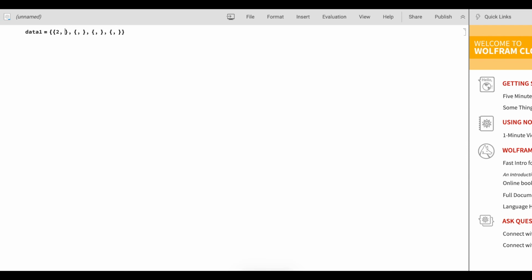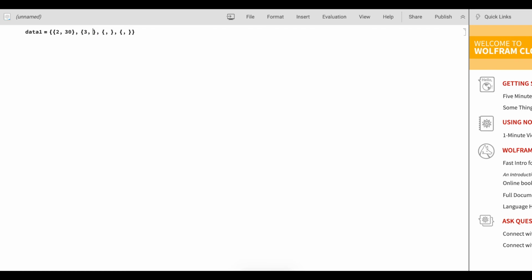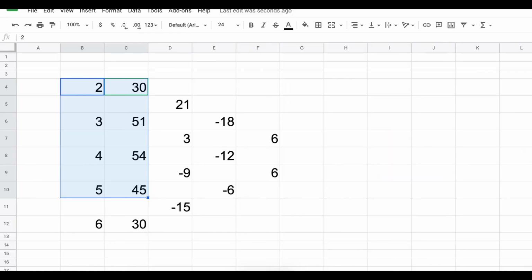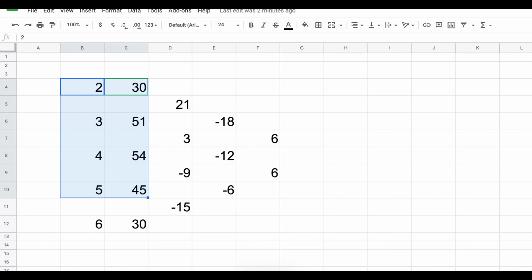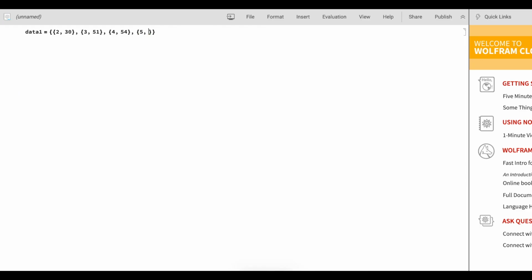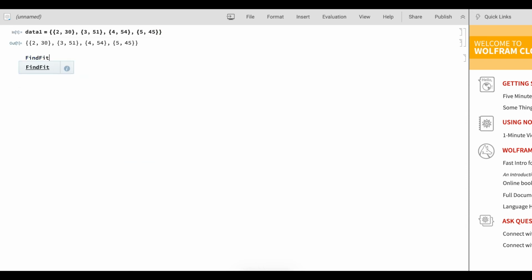It was 230, 351, 454, and 545. We could throw the other one in there if we wanted to. I'll leave it at this though. Okay. Shift enter on that, and now we're going to use our handy find fit function.